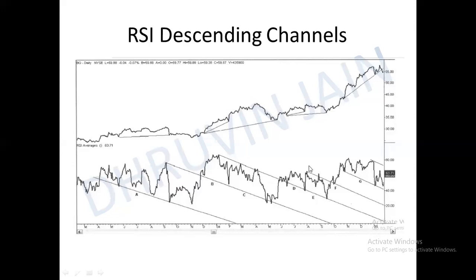RSI is breaking from the upside. See how beautifully these descending channels are. See this breakout point, see this breakout point, see this breakout point, see how the trend of the RSI is continuing. As is clearly evident, RSI is breaking from this particular descending channel.